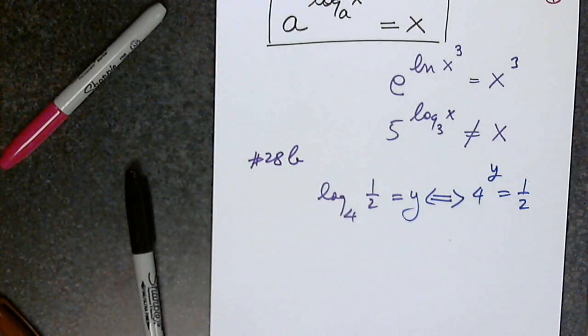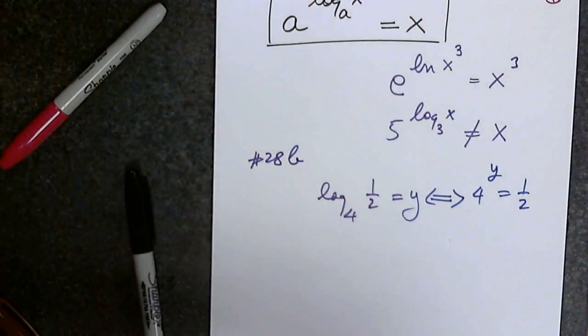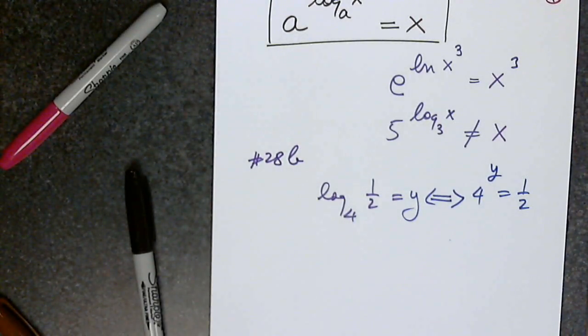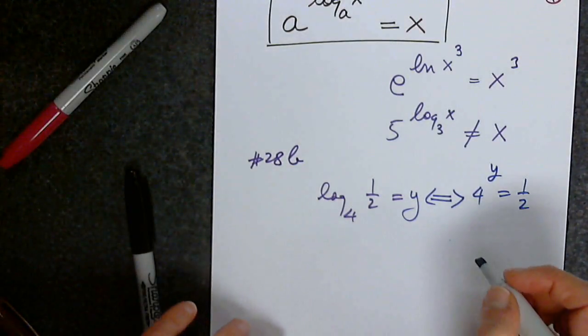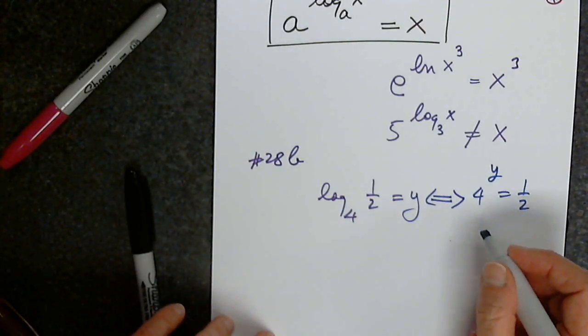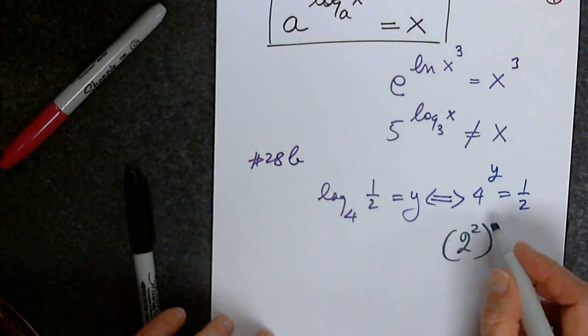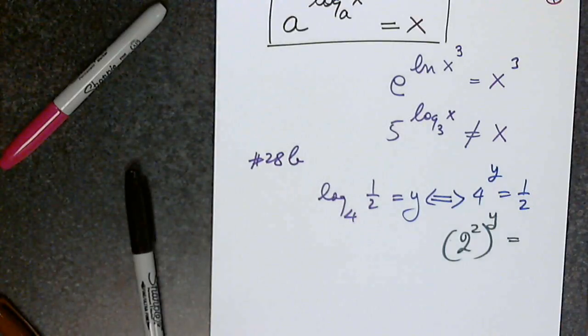Now, when I look at this exponential equation, I ask myself, can I present both sides with the same base? And the answer is yes. What is the only option for 4? A base raised to what? What base and what power? 2 squared raised to y. Good. Is there another way of writing 1/2 with the same base?